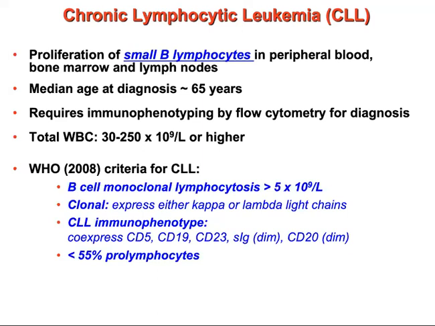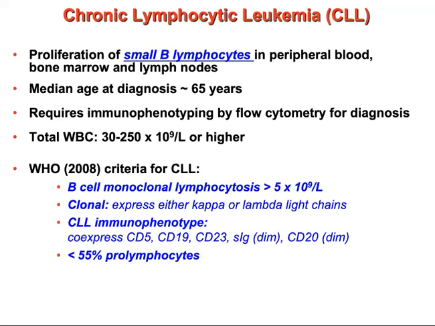So we're looking for B cell monoclonal lymphocytosis, anything higher than 5,000. What that means is that you would see your absolute lymphoid count consistently over 5.